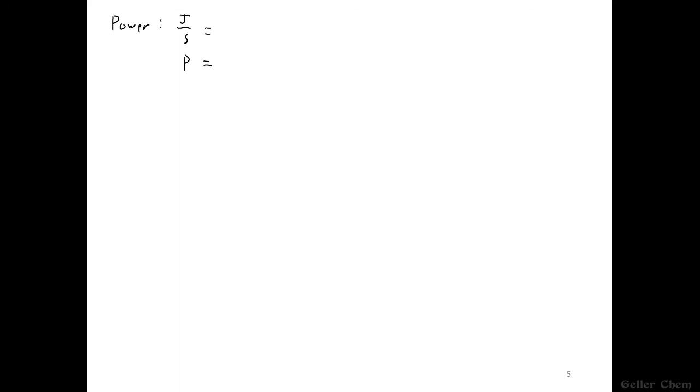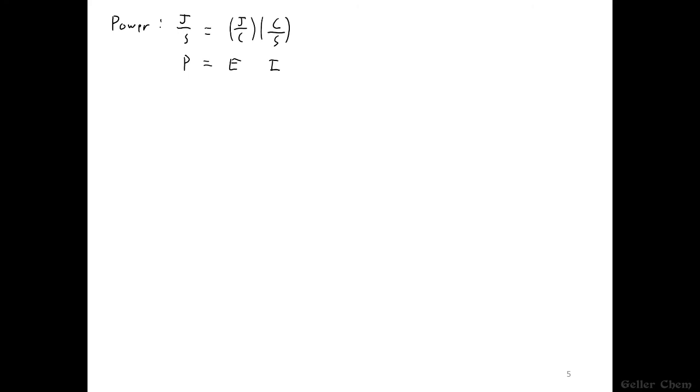And in turn, power is equal to the electrical potential, or voltage, times the current, which we recognize will actually give us units of joules per second, right? Because voltage is just joule per coulomb, and current is just coulomb per second. And we can see those coulombs will cancel, and we'll be left with joules per second.